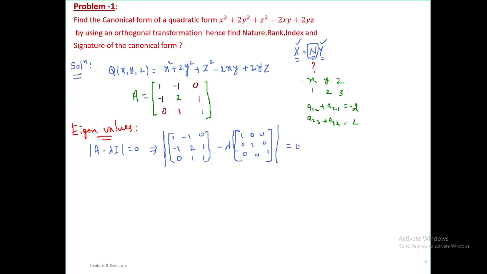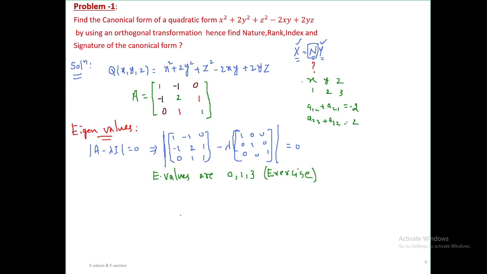Solve this and you will get the eigenvalues. The eigenvalues are 0, 1, 3. Take it as an exercise.